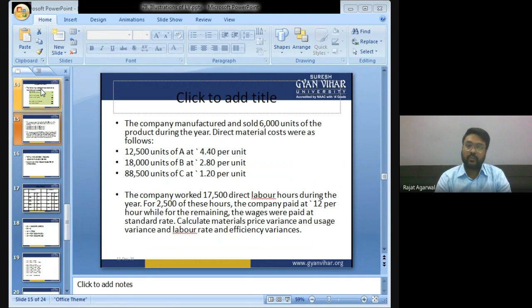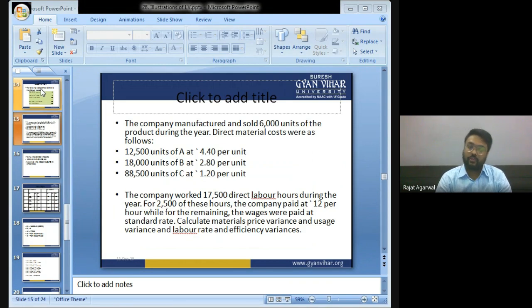Direct material costs were as follows. 12,500 units of A were consumed to make 6,000 units of finished product. 18,000 units of B were consumed to manufacture 6,000 units of finished product, and 88,500 units of C were consumed to manufacture 6,000 units of finished product.